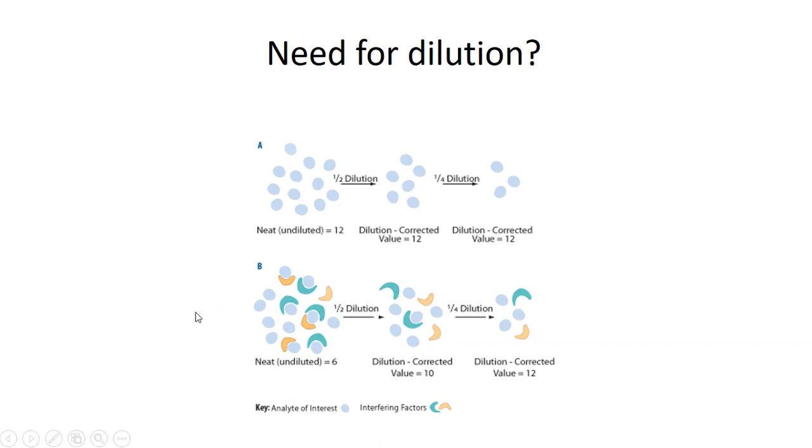But the problem is when you have interference. In a neat solution, it's the same sample by the way, but this is a situation where you have interference. In the neat solution there are too many interfering factors going on, so the companies realize we might need to do a dilution. The dilution is having a better effect, so it's closer to the 12, but it's not there yet. It's still giving a false negative of 10.